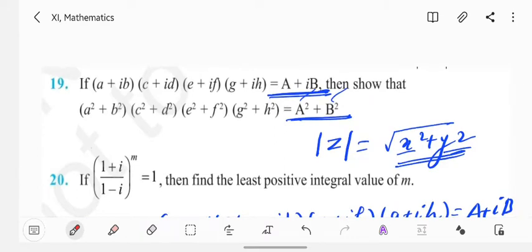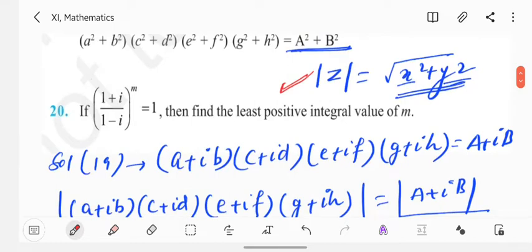Try understanding the concept. The question is based on the modulus of a complex number. Okay. Now the next question is, if in bracket 1 plus i upon 1 minus i power m equals 1, then find the least positive integral value of m.